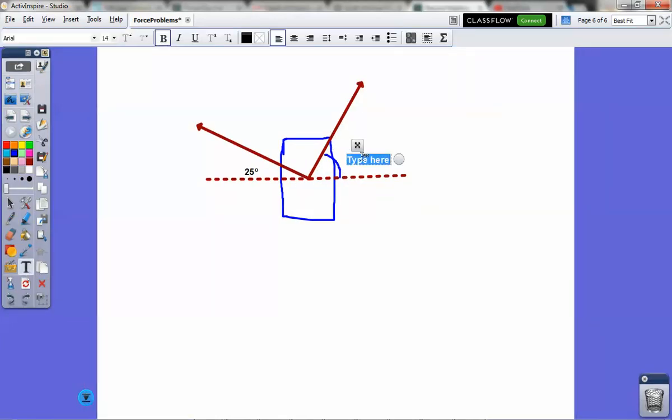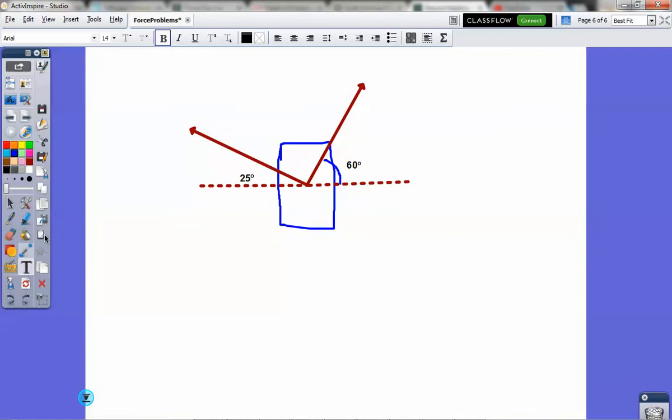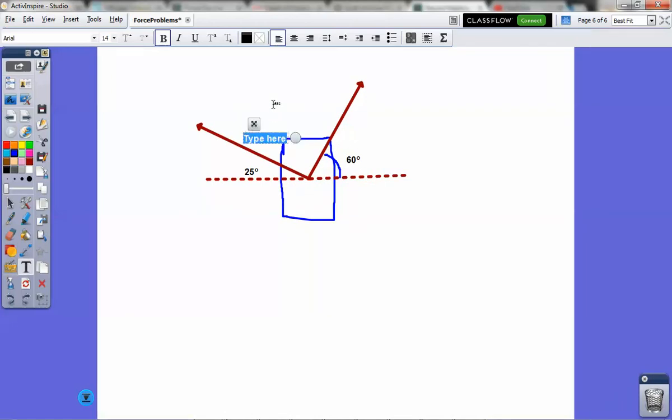Okay. So again, not quite a right angle, but close to one between the two of them. And then let's go ahead and label some magnitudes. We'll say this force right here, this cable, is supplying a 35 Newton force, and this cable is supplying a 25 Newton force. So the question here is going to be, what is the net force?